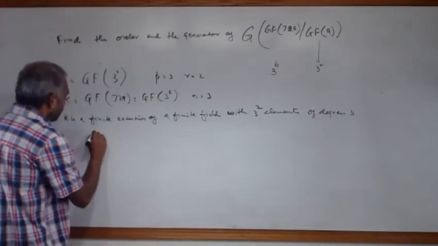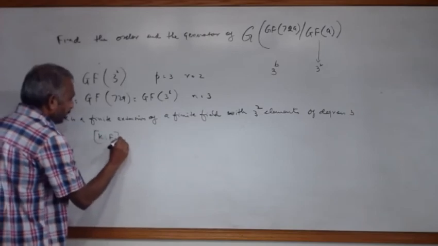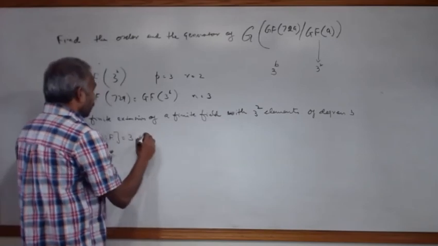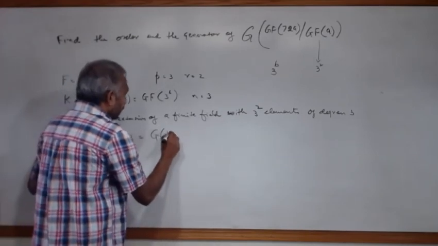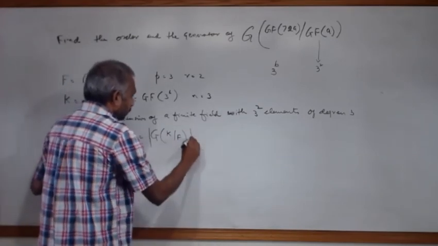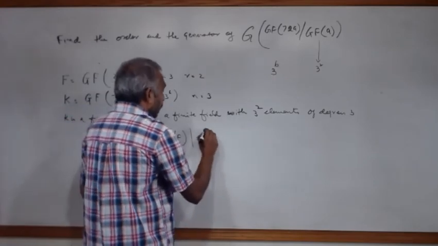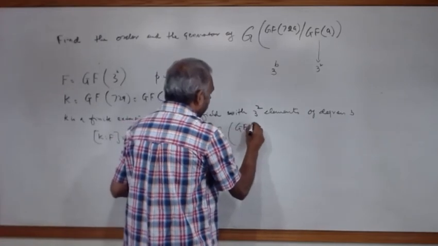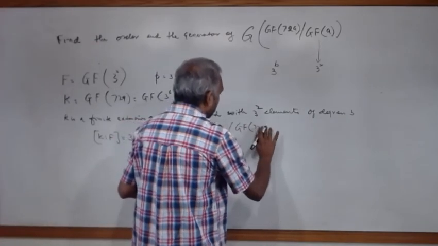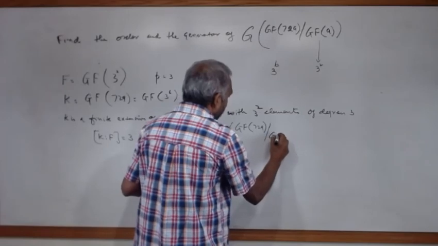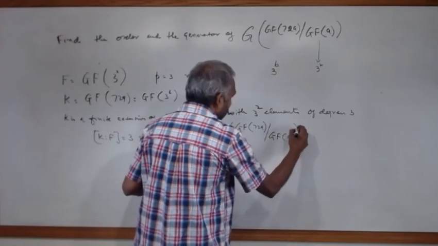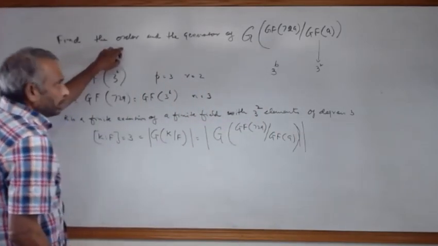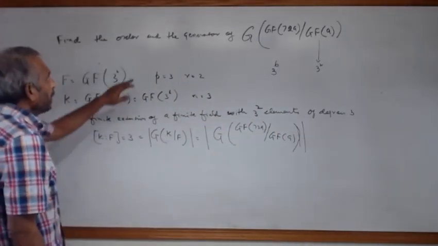So the degree of K over F is equal to 3, and that is equal to the order of the Galois group of GF of 729 over GF of 9. So that's the order. You need to find out the generator.